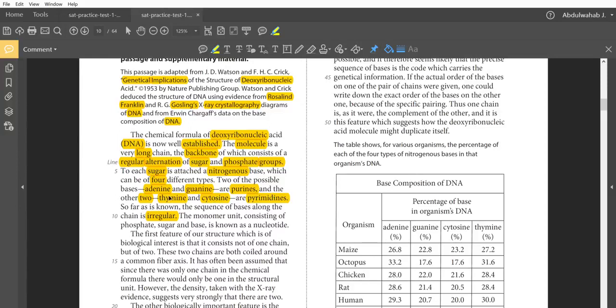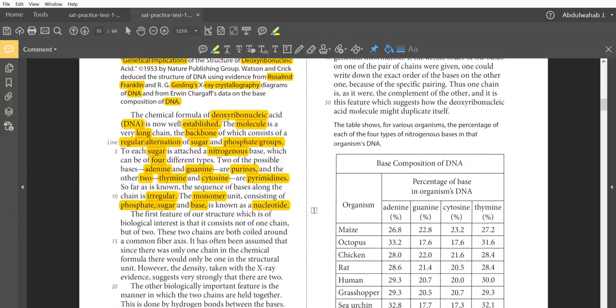So far as is known, the sequence of bases along the chain is irregular. Now, the monomer unit, now consisting of phosphate, sugar, and base, is known as a nucleotide. So when you combine the phosphate group, the sugar, and the nitrogenous base, you get what is known as a nucleotide.